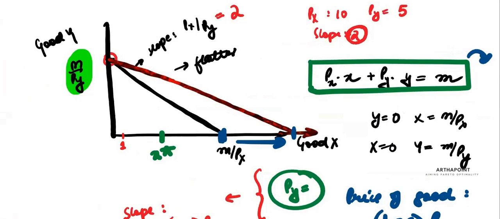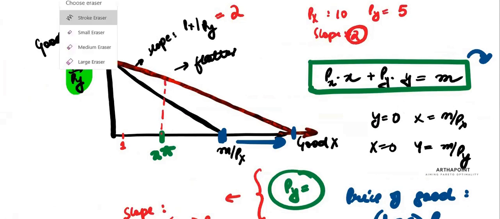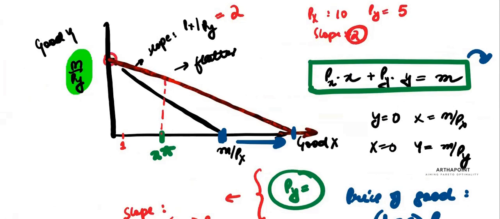Now the question is saying that you can get this price only up to X star. So this means that I don't have this part of the budget line. This is how your budget line is looking. You are getting a higher price above X star and a lower price below X star.